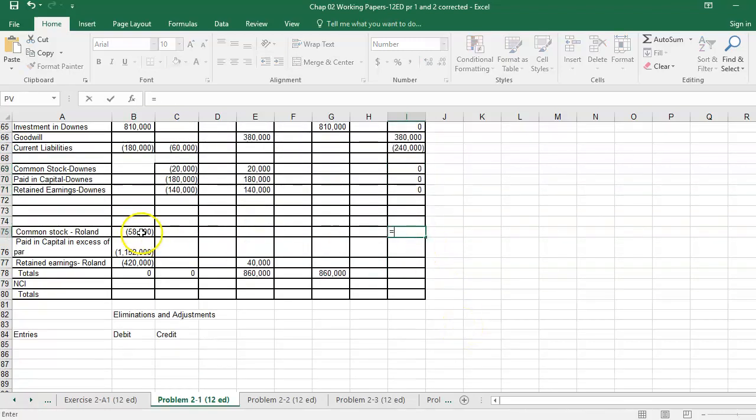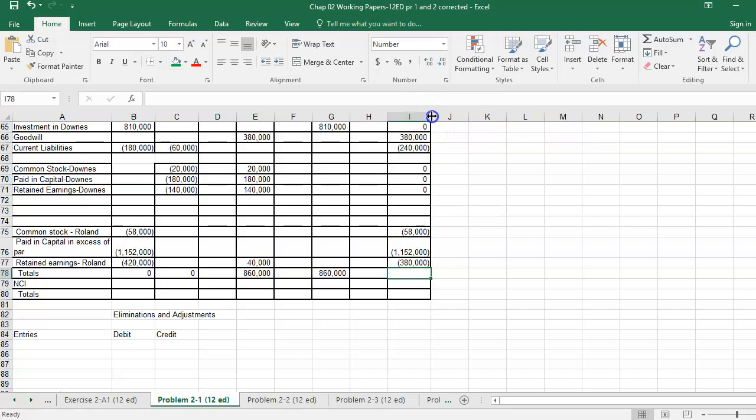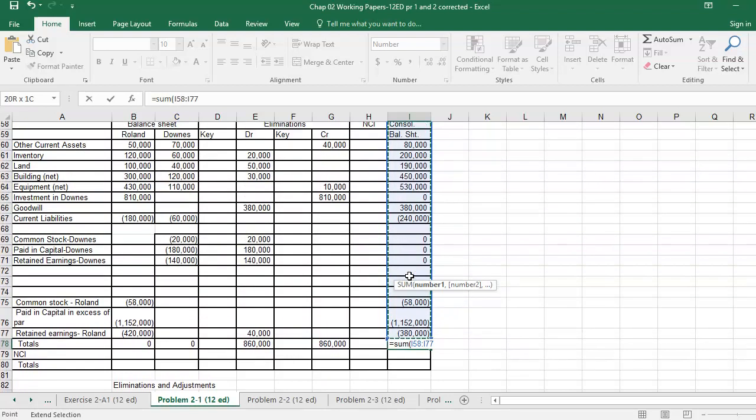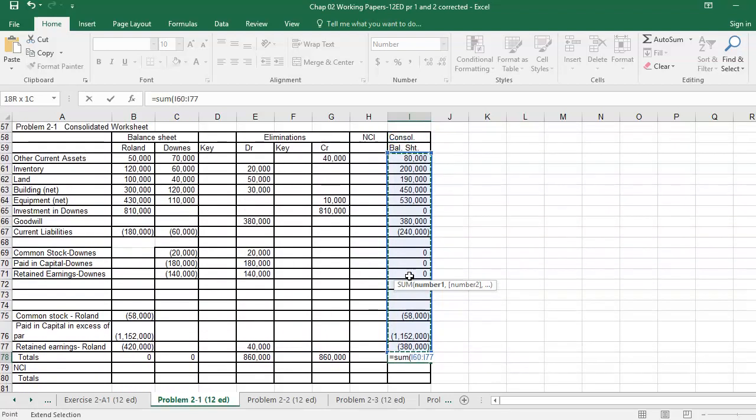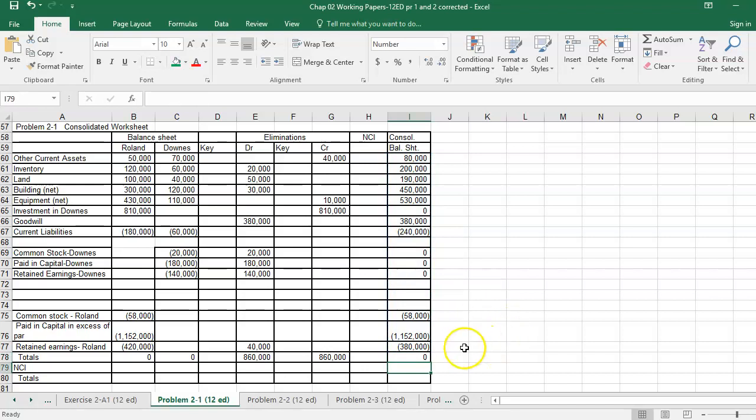And the equity is just going to copy across. And then this one, I've got to do the 420, and then the 40 is going to come out of it. And then you just add up that column, and if it balances out, it will equal 0, because we have pluses and minuses for debits and credits. Yay!